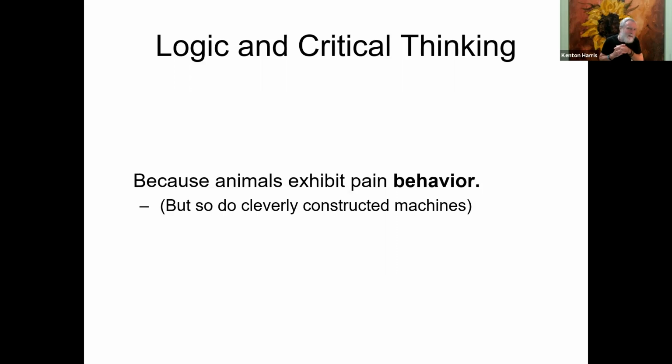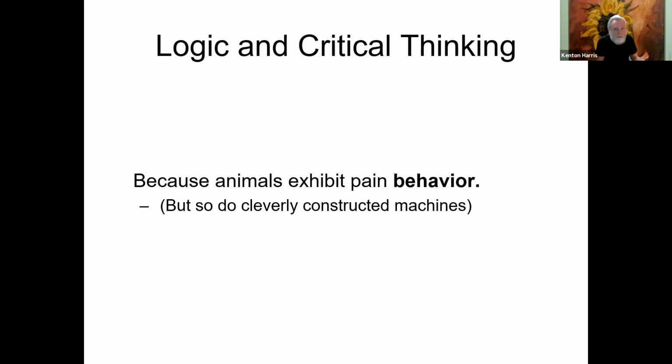But notice, I might construct a cleverly constructed machine that also exhibited pain behavior. I might have some sort of MP3 player that was saying, oh, please turn me off. I'm getting so hot. This is excruciating. Oh, this is awful. But that's just a recorded voice.